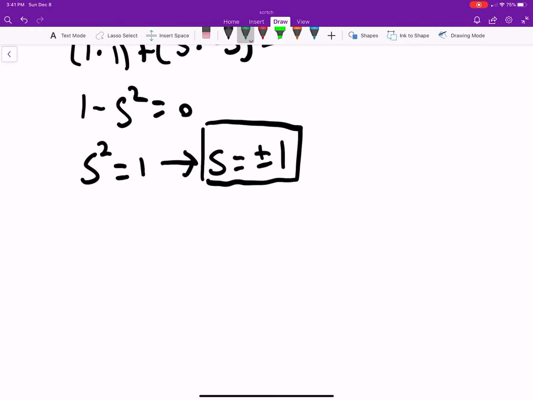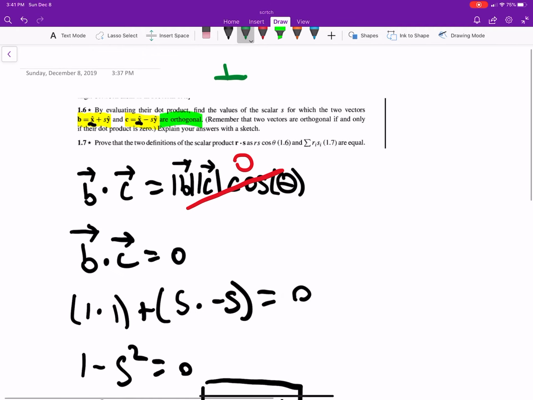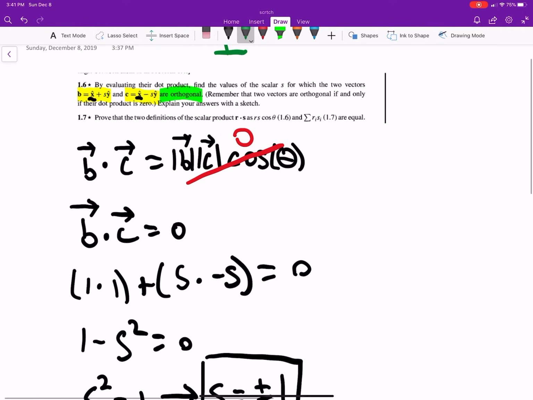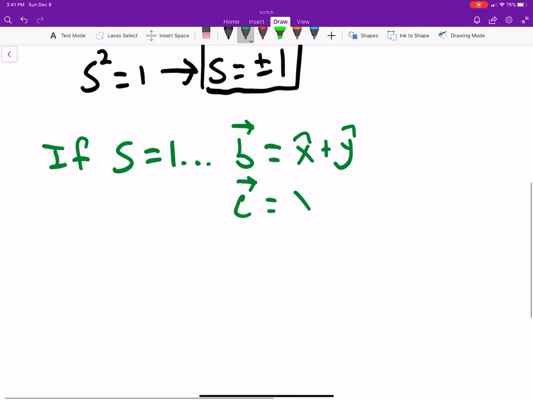Let's think about that a little bit. What if s equals 1? Well, if s equals 1, then vector b is just x hat plus y hat, and vector c is just x hat minus y hat.